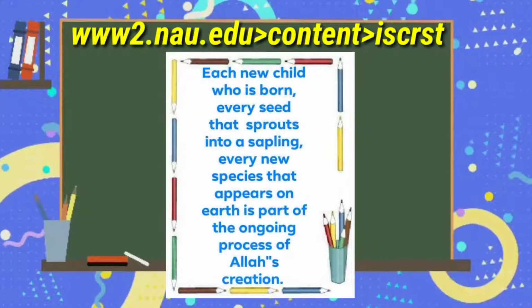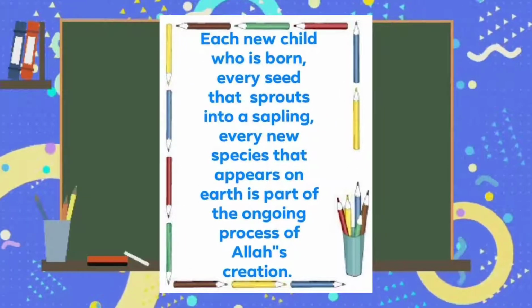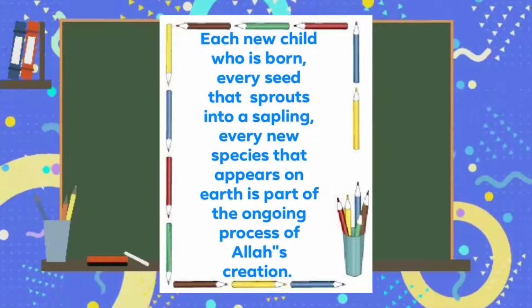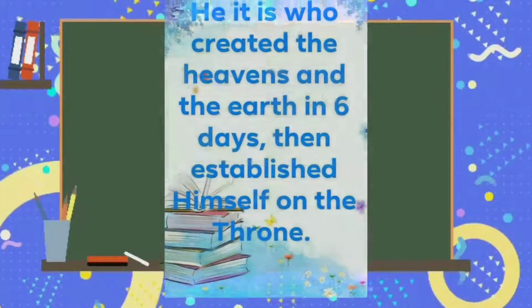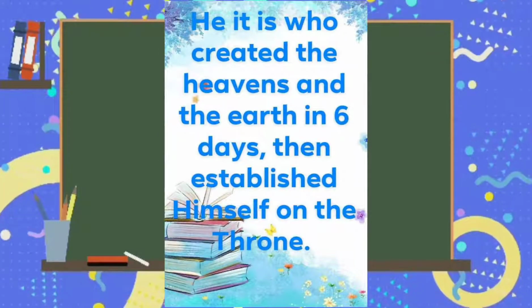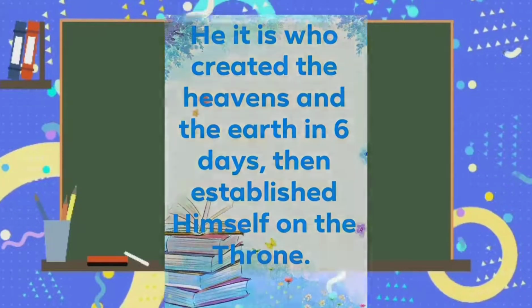Each new child who is born, every seed that sprouts into a sapling, every new species that appears on earth is part of the ongoing process of Allah's creation. He it is who created the heavens and the earth in 6 days, then established himself on the throne.